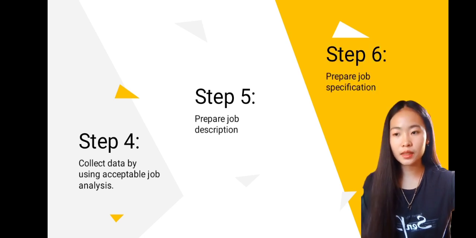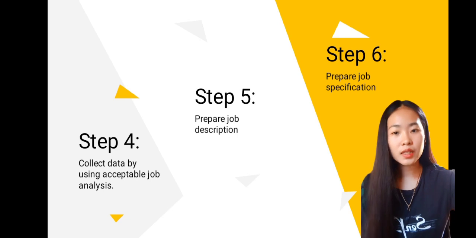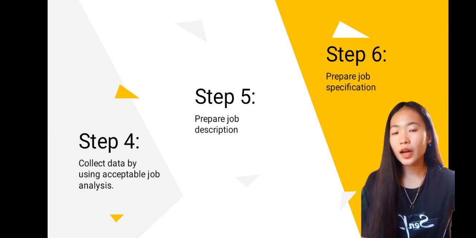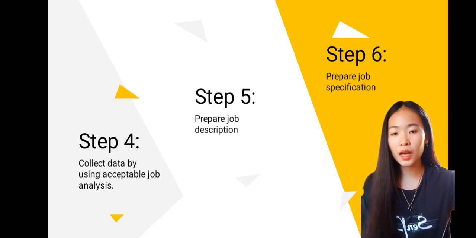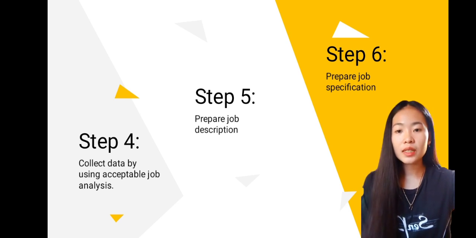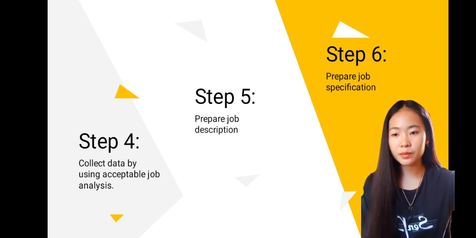Step 6: Prepare job specifications. A job specification is an official document that outlines the obligations, knowledge, skills, and abilities required for a given occupation, as well as the minimal credentials.